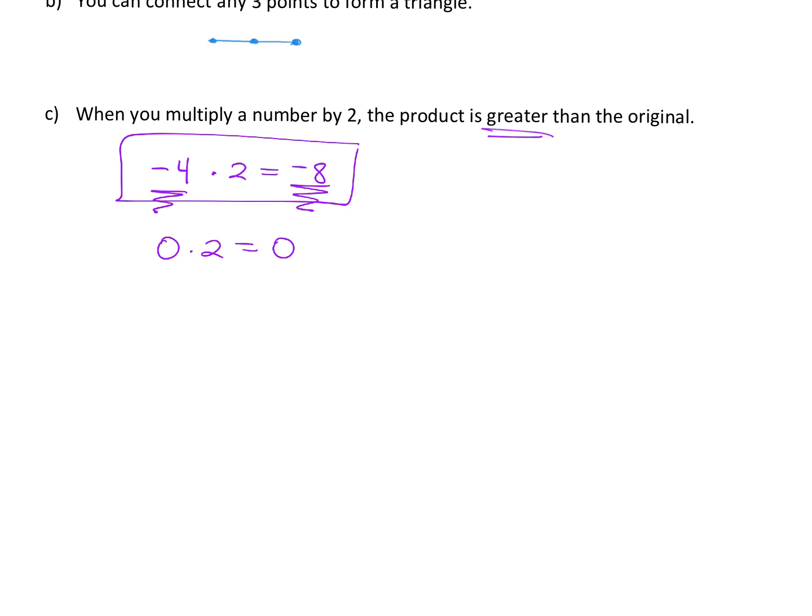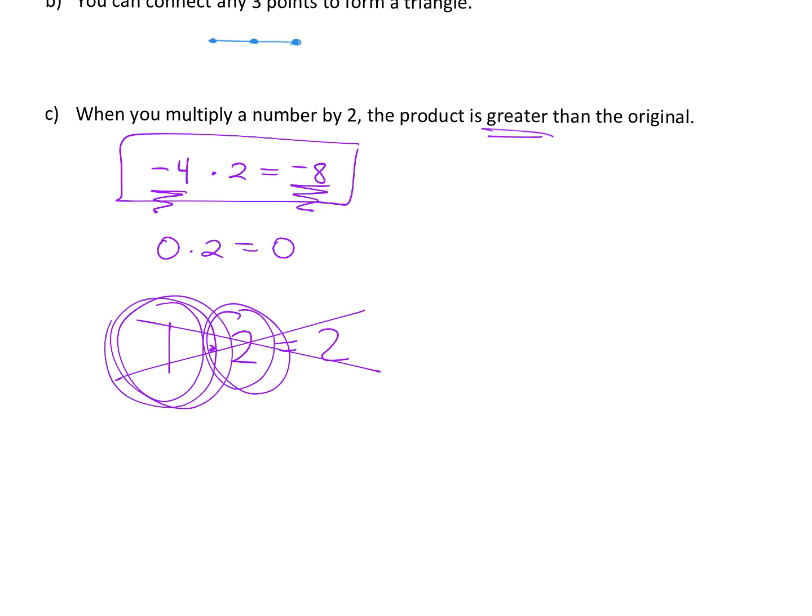But it's saying greater than the original number. So if 1 is your original number and we multiply it by 2, 2 is greater than 1. Yeah, so I see what you're saying because you're comparing it to this. But they're saying compared to the original number that we started with that we multiplied by 2. Yeah, so 1 would not work for that. Any questions on that? Okay.